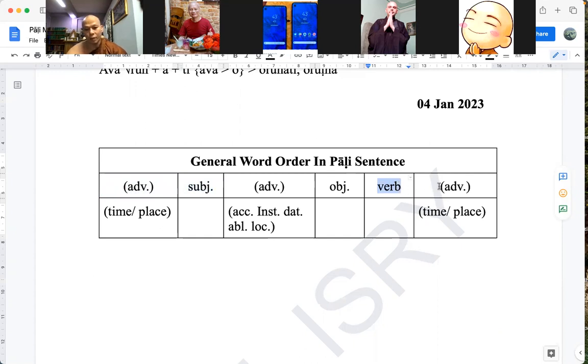After the verb, sometimes we can also see an adverb of time or place. Immediately before a verb, we can see the object. Between the subject and the object, we can see other adverbs. Those adverbs are commonly in the accusative, instrumental, dative, ablative, and locative.